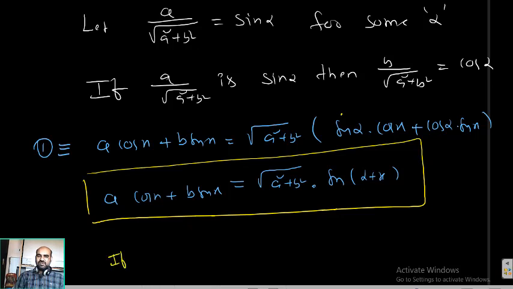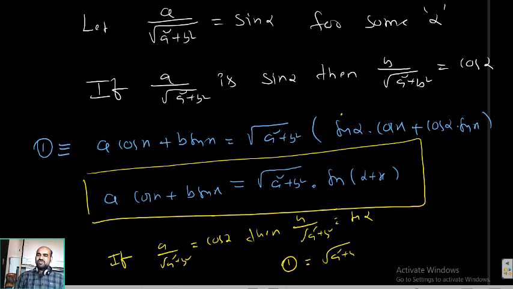If a by root over a square plus b square is equal to cos alpha, then b by root over a square plus b square becomes sin alpha. Now 1 becomes what? Root over a square plus b square into cos alpha cos x plus sin alpha into sin x.